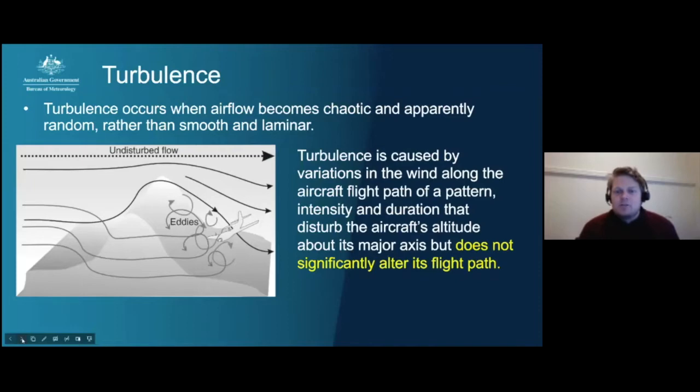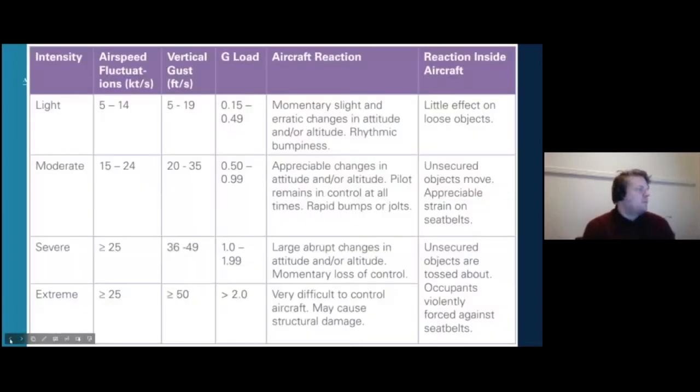So turbulence, I guess, is defined as something that will disturb the aircraft's attitude about its major axis, but it does not significantly alter its path. So you've got the same path, but your aircraft is kind of being shaken around that same path. And this is an important point to note when we get to wind shear, how it compares to that.